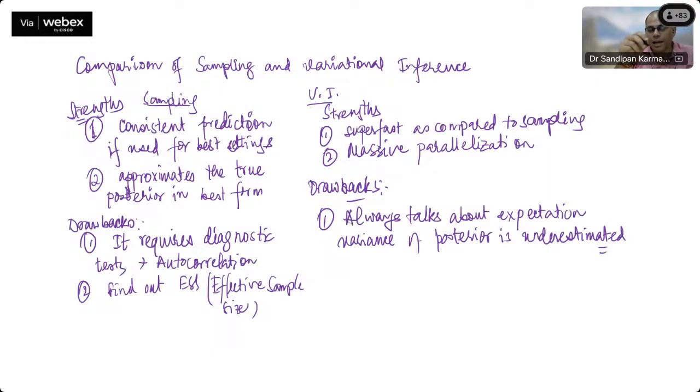ESS, effective sample size, tells us the effective number of samples we should draw from the target distribution. Depending upon different parameters, some parameter might tell that ESS is 700, some will tell that it is 1200, somebody will tell that it is 20,000.